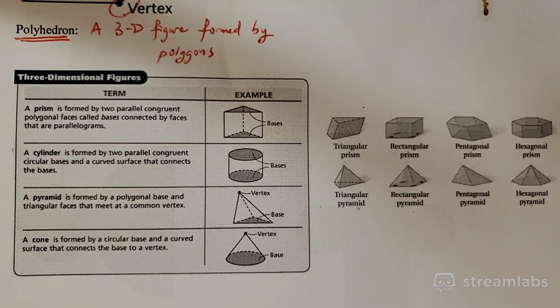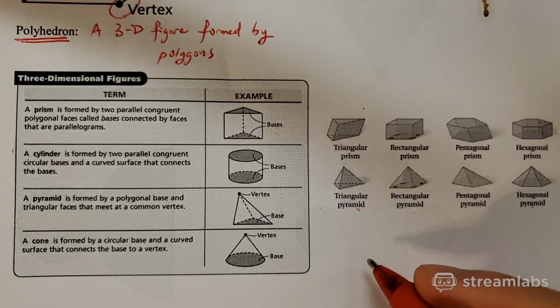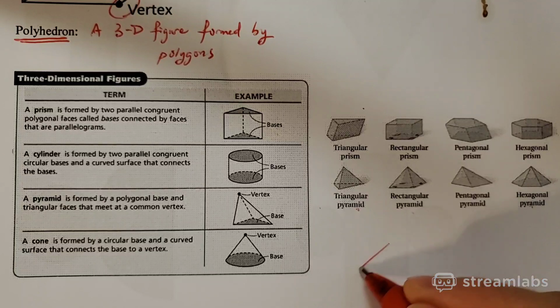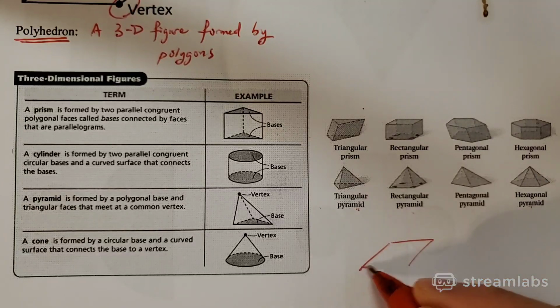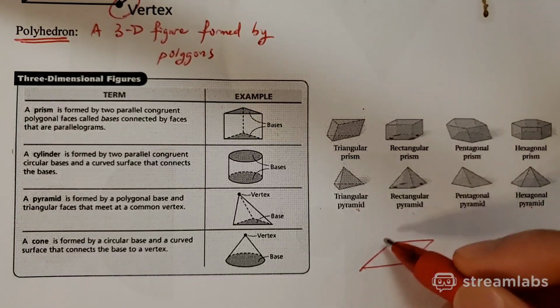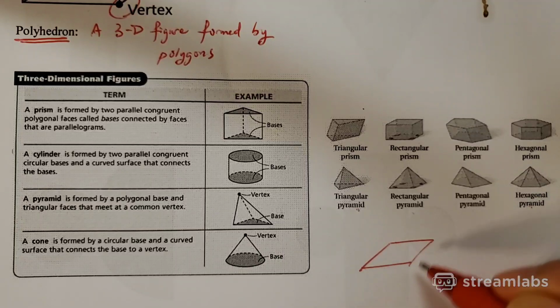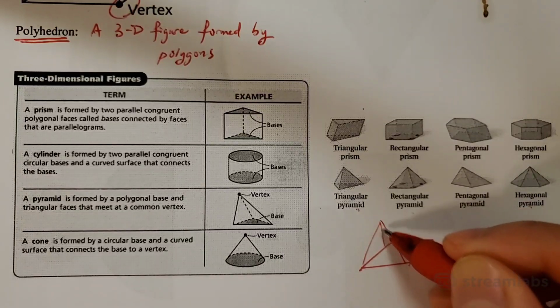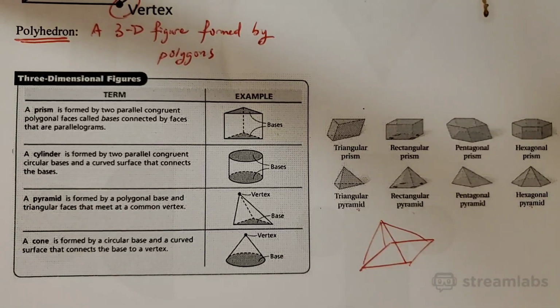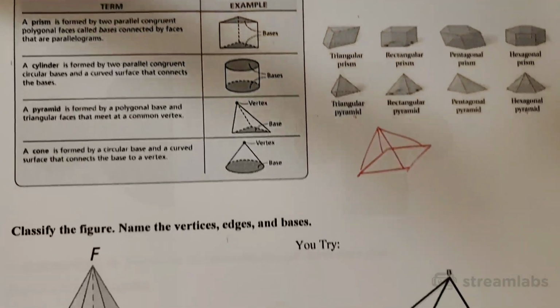Which type of pyramids do you see the most often? Rectangular. You are correct. It has usually a square base, right? Usually a square base, and then it will be like that, right? So that's rectangular pyramid. Very good.